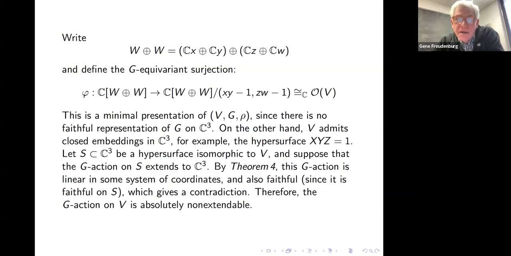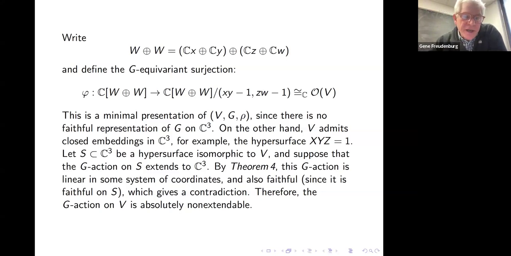On the other hand, V does admit closed embeddings in C3. For example, the hypersurface XYZ equals 1 is such an embedding. Now, suppose S is a hypersurface isomorphic to V in C3.